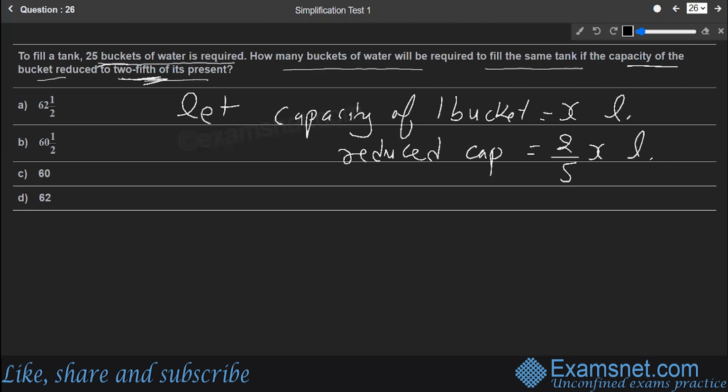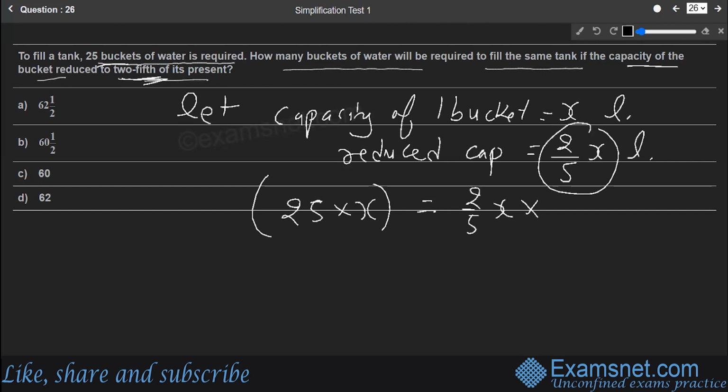25 buckets of water are required, so 25 into x is the volume of the tank. And this tank volume will still be the same if the reduced capacity buckets are filling it. What is the reduced capacity? It is 2 by 5 x, multiplied by the number of buckets, which will obviously be different from the earlier one.